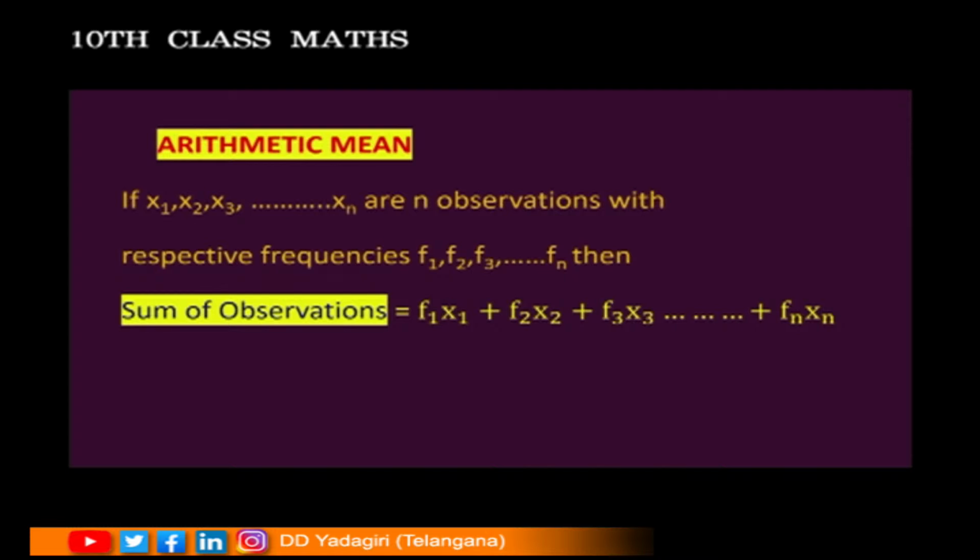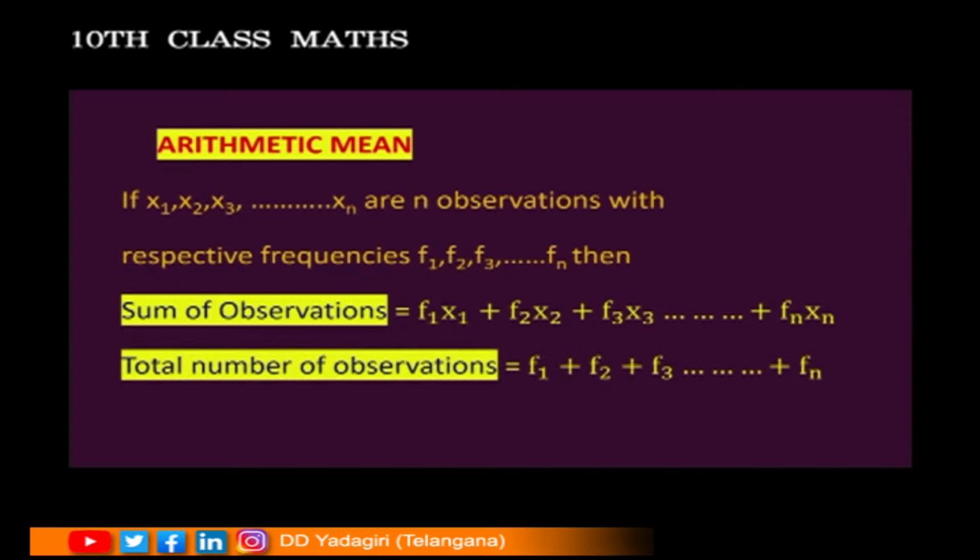So the sum of the observations is nothing but x1 added f1 number of times, or simply f1 x1, plus x2 added f2 number of times, f2 x2, next f3 x3, and so on up to fn xn. So the sum of the observations is f1 x1 plus f2 x2 plus f3 x3 and so on up to fn xn, and the number of observations is f1 plus f2 plus f3 and so on up to fn.